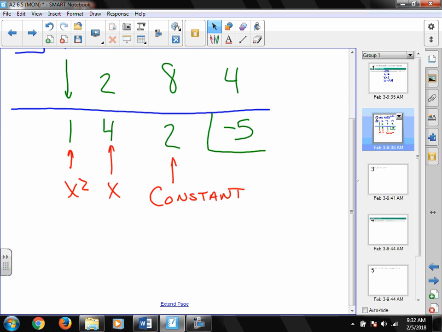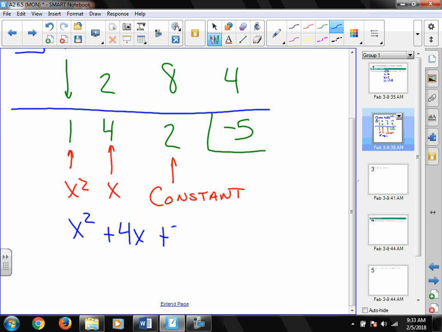So, if you were to go through the long division process, you would end up with x squared plus 4x plus 2, and our remainder would be minus 5 over x minus 2. The key to this is work backwards. The stuff in blue would be your answer.